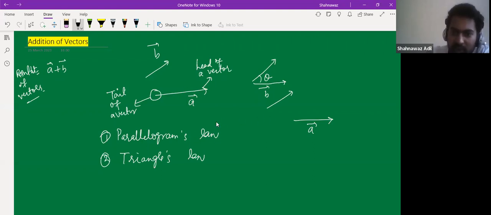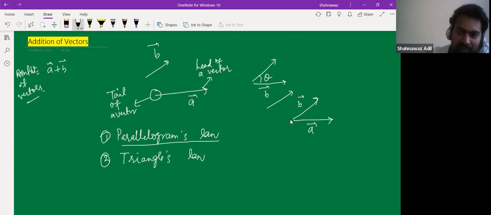According to the parallelogram law, first you keep the tail of the first vector and place the other vector at the same tail. So this is B. The first part is that you put both the tails together.